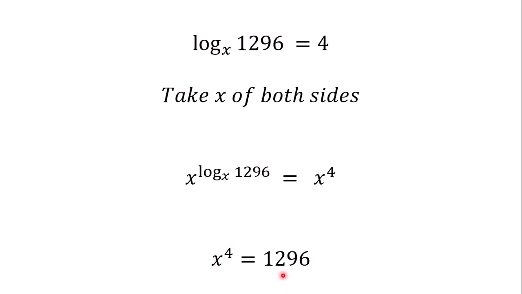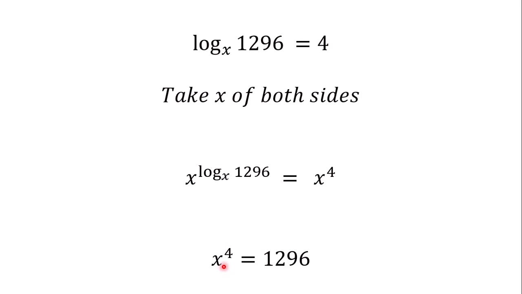When you have a calculator, you can just punch it and get your answer, but I'm not going to do that because I don't have a calculator. So 1296 can be written as 6 raised to the power 4.